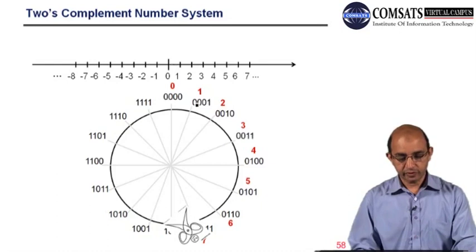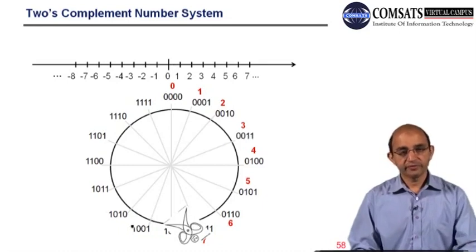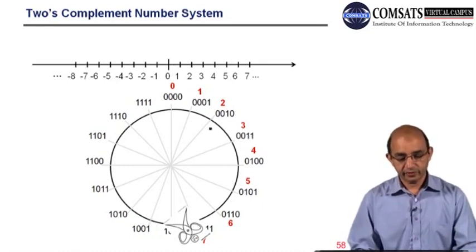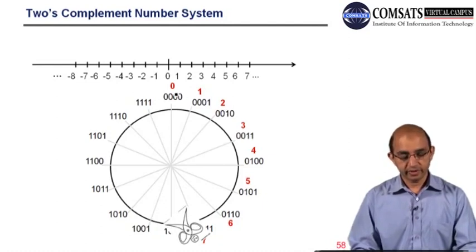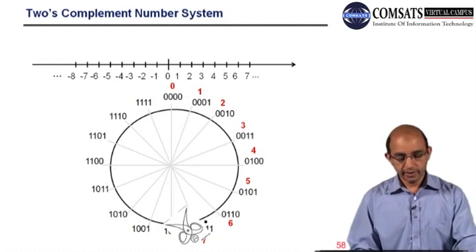You can see here we have all zeros, and here we have all ones. So these are the negative numbers on the left hand side of this circle, and here we have the positive numbers on the right hand side of this circle. So this is the difference.